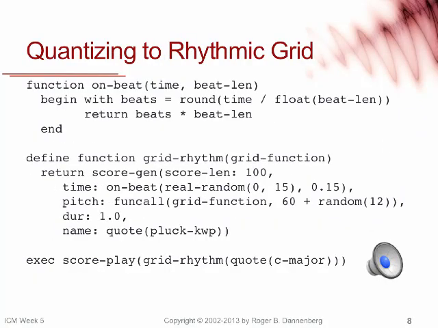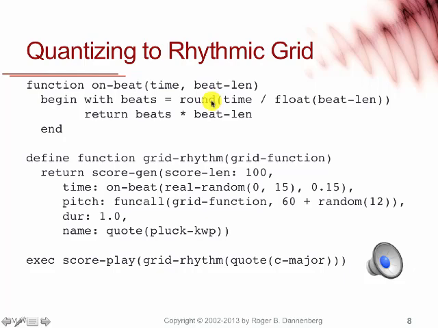We can also quantize rhythms. So here we are going to take random times and quantize them to a beat. We do that simply by taking the time, a real value time, and divide it by some number, which is the beat length, and round that to the nearest integer.